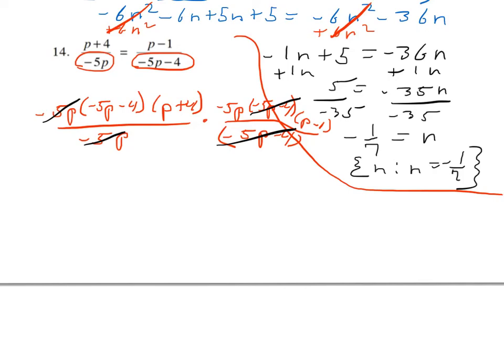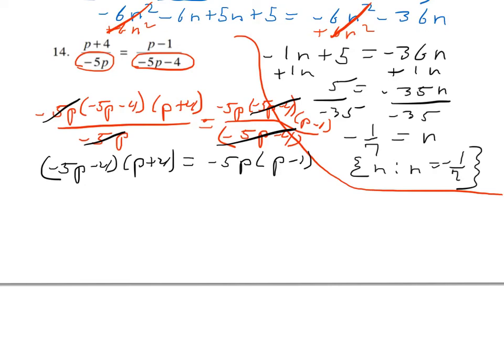And I'm left on this side with a negative 5p minus a 4 times p plus a 4 equals, and I just saw something that we need to put in place up here. This needs to be an equal right there. All right, and this is going to be up here, negative 5p times p minus 1.